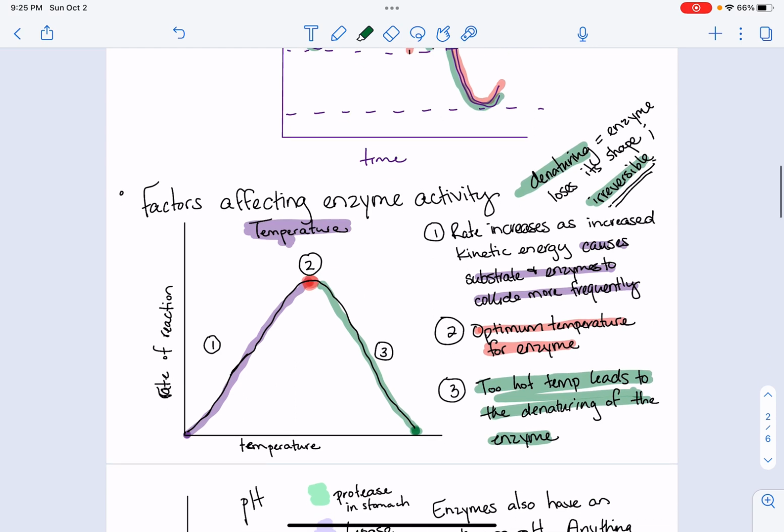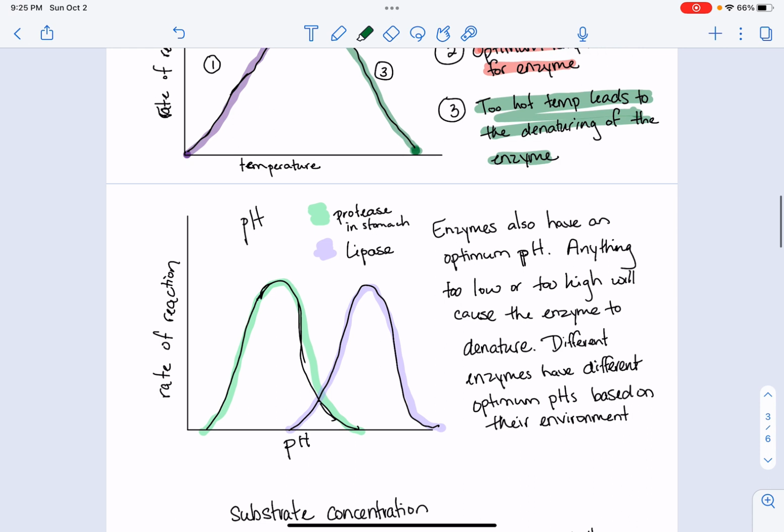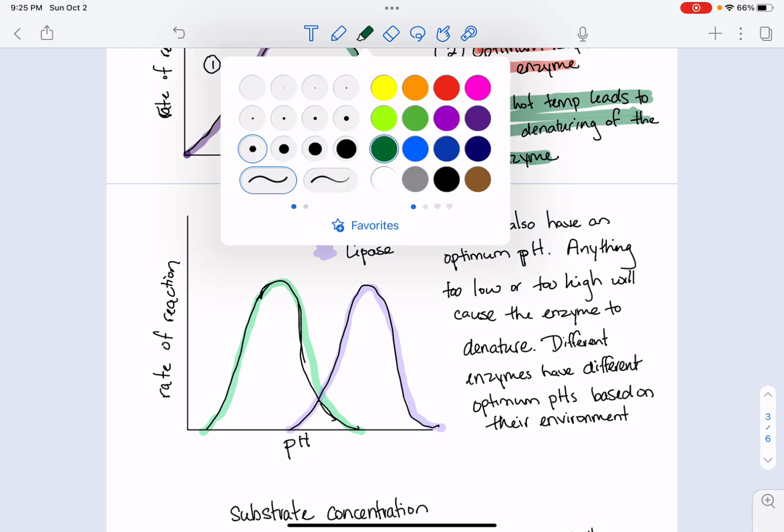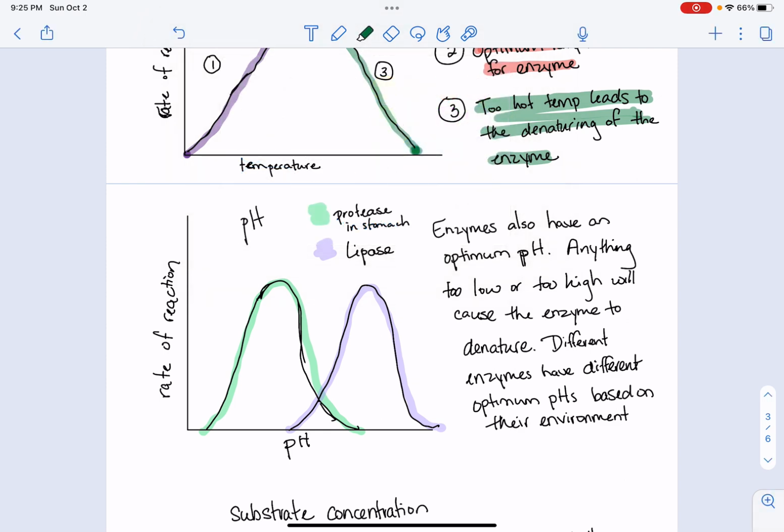denatured. So that's temperature. With pH, it's essentially the same thing, but every enzyme has a different optimum pH.